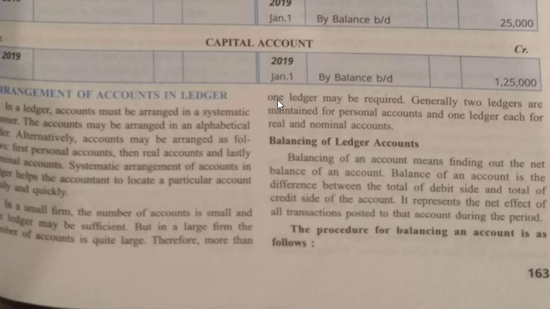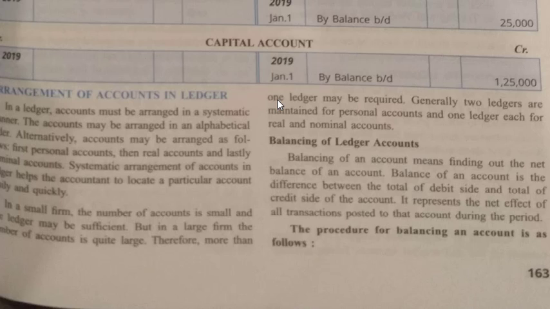So it is easy for us to take out a particular account. Otherwise we arrange personal accounts at one place, real accounts at one place, and nominal accounts at one place. Systematic arrangement of accounts in the ledger helps the accountant to locate a particular account easily and quickly.